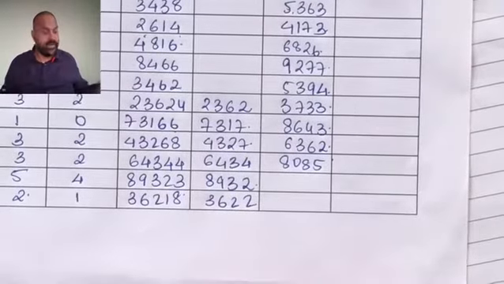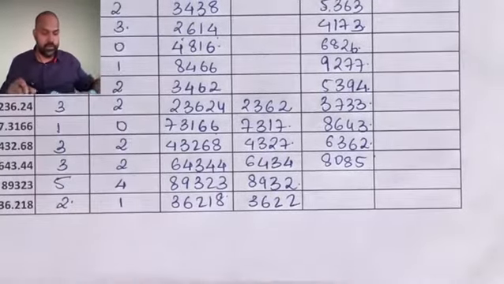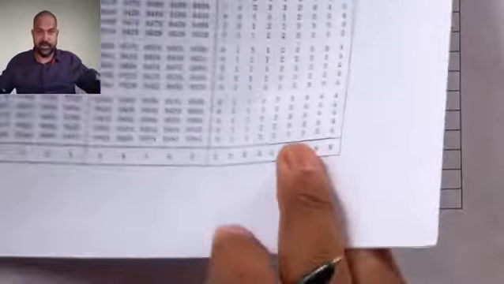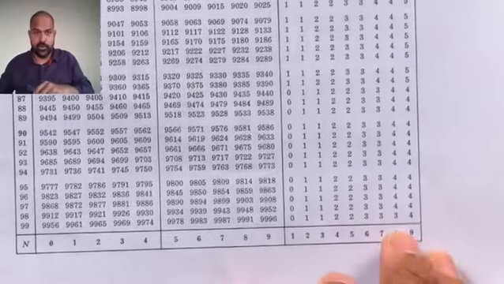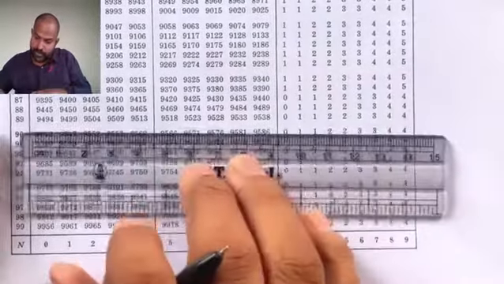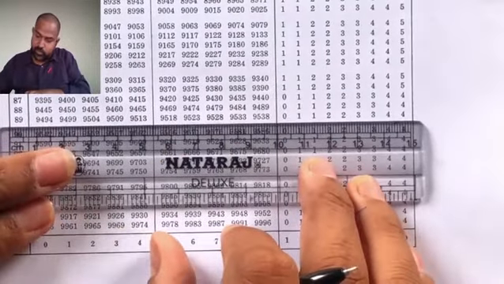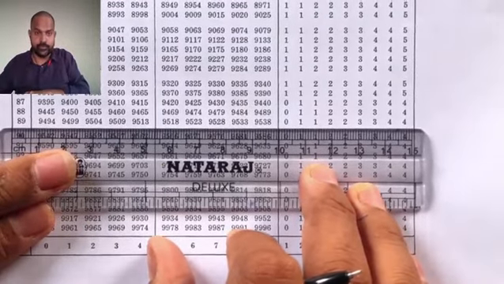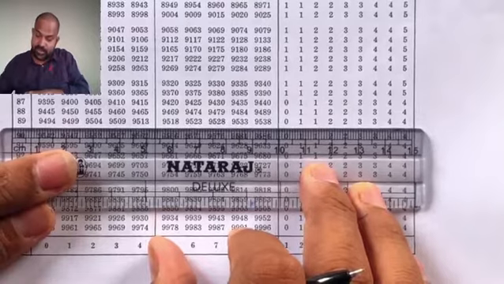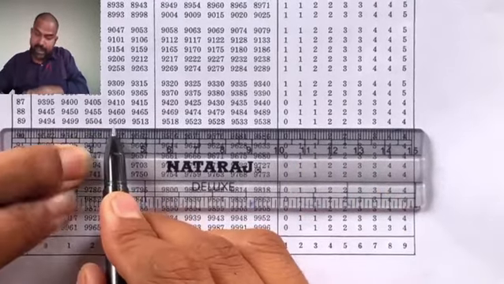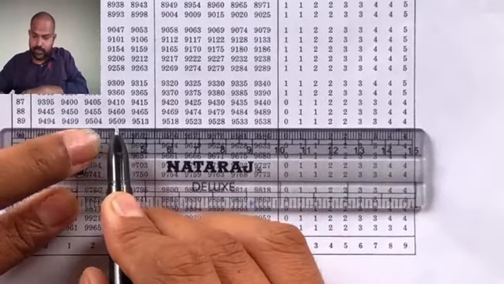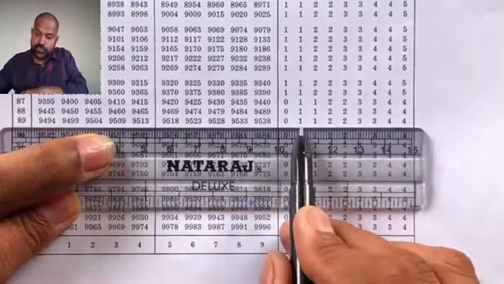Next is 8932. In 89, we are going to look for 32. 89.3 is going to be 9509. In that we have to look for a 2, which is 1.